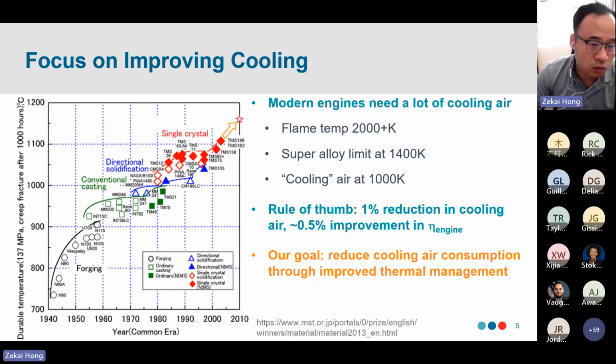That doesn't leave us too much space for doing the cooling, and really makes cooling very expensive and important. The rule of thumb is that for every 1% reduction in cooling air usage, you can probably get a 0.5% improvement in the overall engine efficiency. So there are huge benefits in making the cooling more efficient and using less cooling air, so that the overall engine can be more efficient.